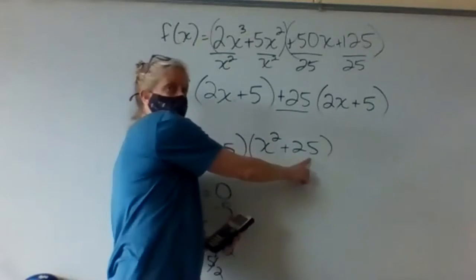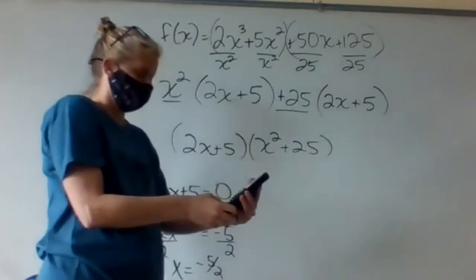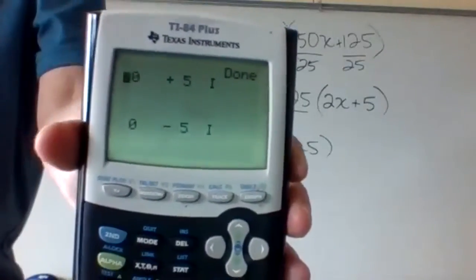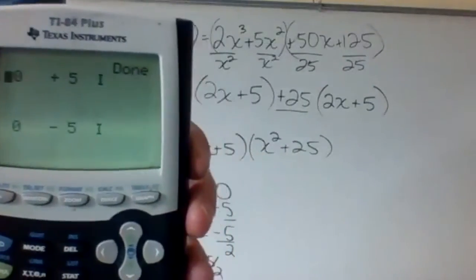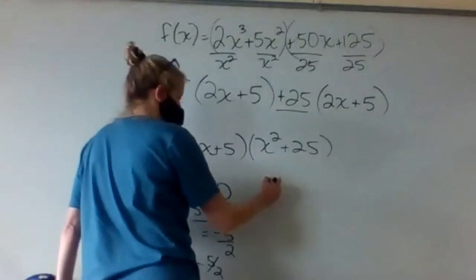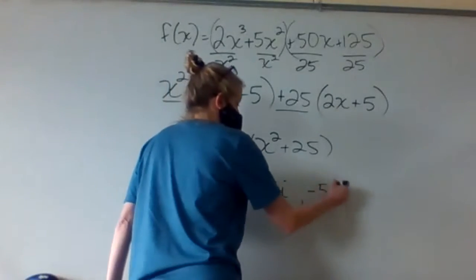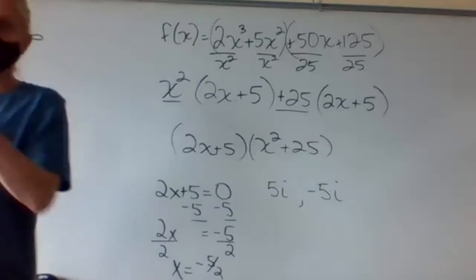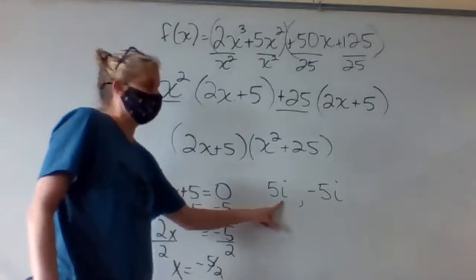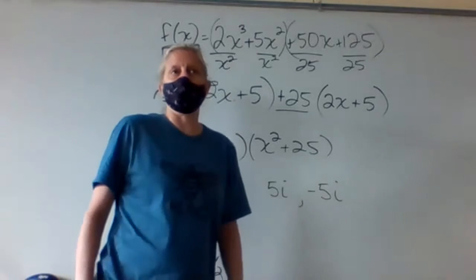What's C? 25. What are your other 2 zeros? 5i and -5i. So there's your 3 zeros, -5/2, 5i, and -5i.